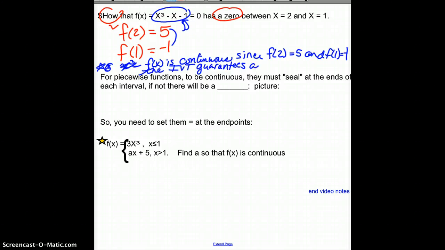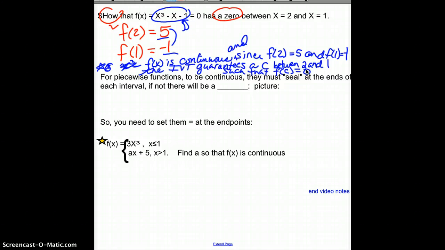All right, so we've got f of x is continuous, and since f of 2 equals 5, and f of 1 gives me negative 1, the intermediate value theorem guarantees a, you could call it c, or a number, between 2 and 1, such that f of c would have to equal 0.